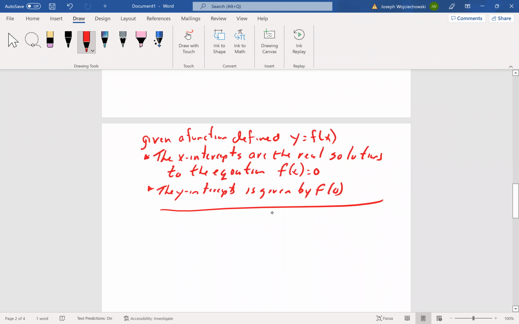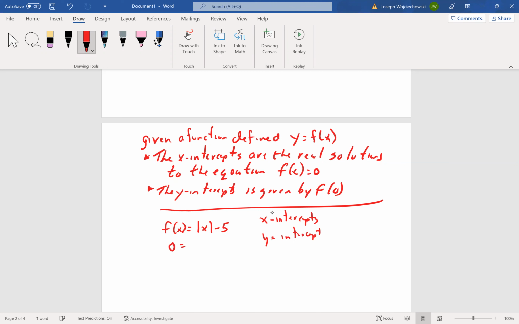So let's look at an example here. I have f of x equals the absolute value of x minus 5. And I want to find the x and y intercepts. To find the x-intercepts, I set f of x equals 0.